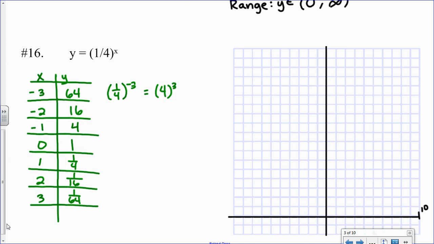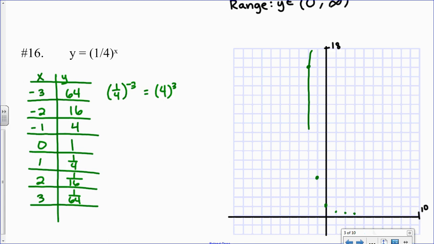The -3, 64. So -2, 16. -1, 4. 0, 1. 1, 1/4. 2, 1/16, and 3, 1/64.